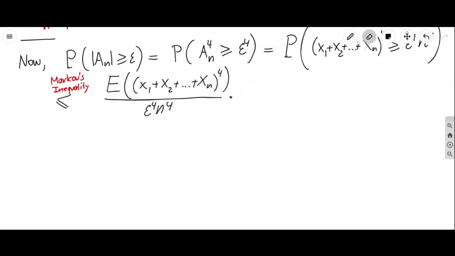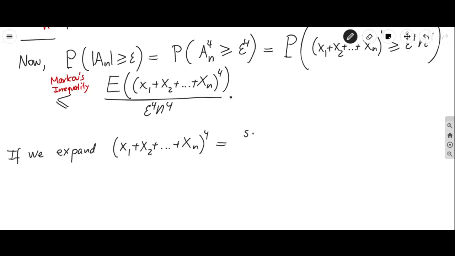Now, here is what we do next. If we expand all of that, we will have a sum of terms involving X_i, X_j, X_k, X_l. This is the reason why I wanted to keep i.